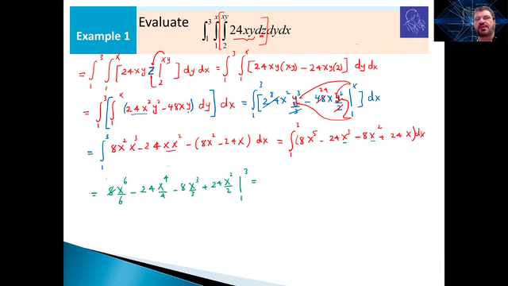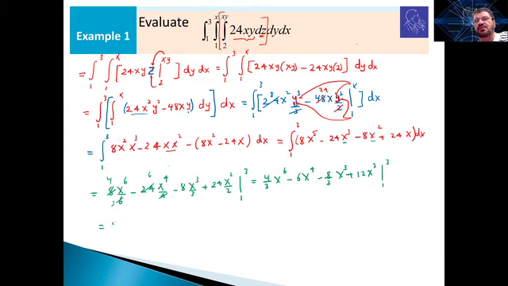Now this one with this one is 4 over 3. So this is 4 over 3 x to the 6 minus 6x to the 4, because this one with this one is 6, minus 8 over 3 x cubed plus 12x squared, and this is from 1 to 3.